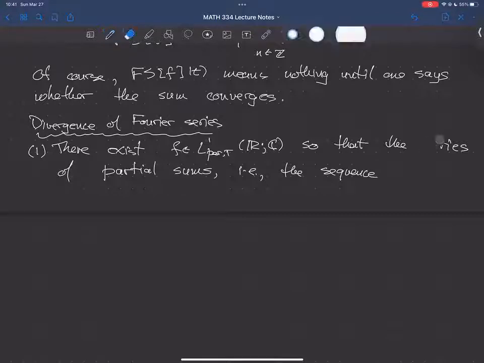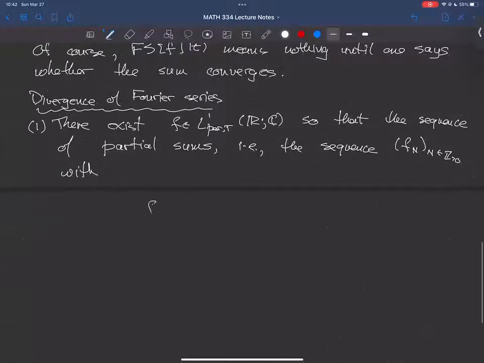Oh, sorry, not the series of partial sums, the sequence of partial sums. And this sequence is going to be defined like so. And so now I'm going to write down something that actually makes sense. So there'll be a finite sum.